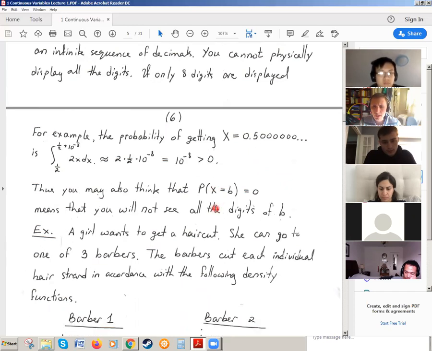So you can either imagine that witnessing up to 8 digits or up to any number of digits is very possible, although unlikely if there are many digits. And it's impossible to see the full string of digits. The other way to think of it is that it could happen that somehow I get exactly 1/2. Maybe I don't represent 1/2 in terms of the digits. I actually see 1 divided by 2 as my answer, right?